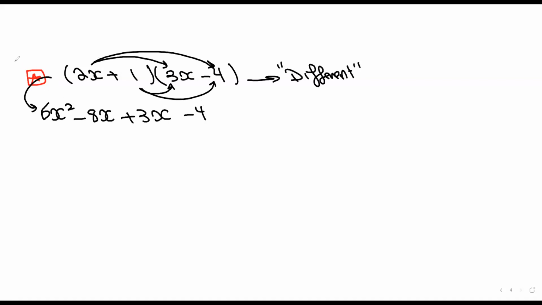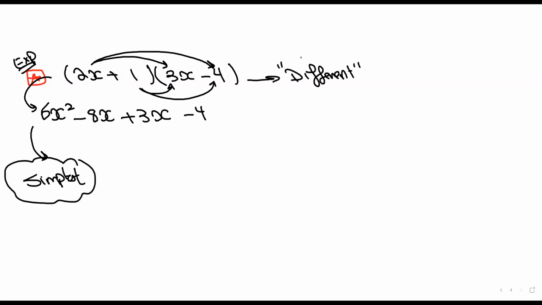This step is called the expanding step. And then we need the simplest form, which is combining these 2 terms together. So you end up with 6x power 2, negative 8 plus 3 is negative 5x, minus 4.